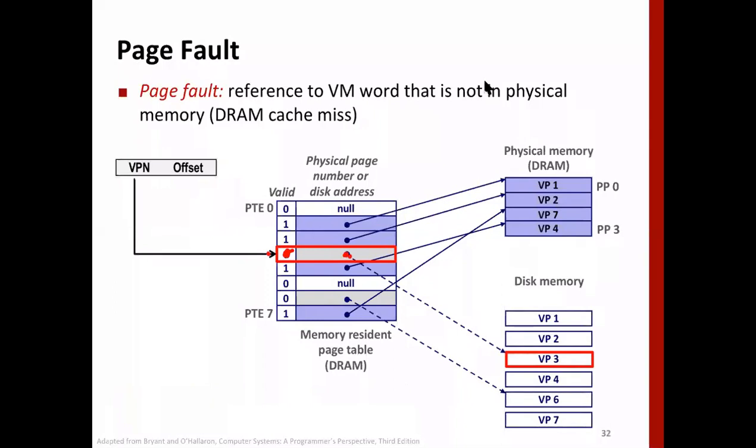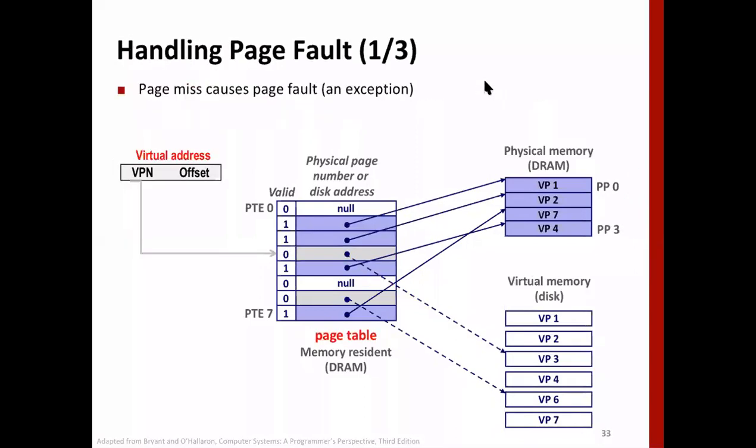Then, using this pointer, go to disk memory, get this page and load it into physical memory. In order to load into physical memory, one of these pages in physical memory must be evicted, and we can use an algorithm, which we will study in detail in the OS course, to decide which page will be removed. We can have least recently used, first in first out, all those techniques. Which we will study in the OS course.